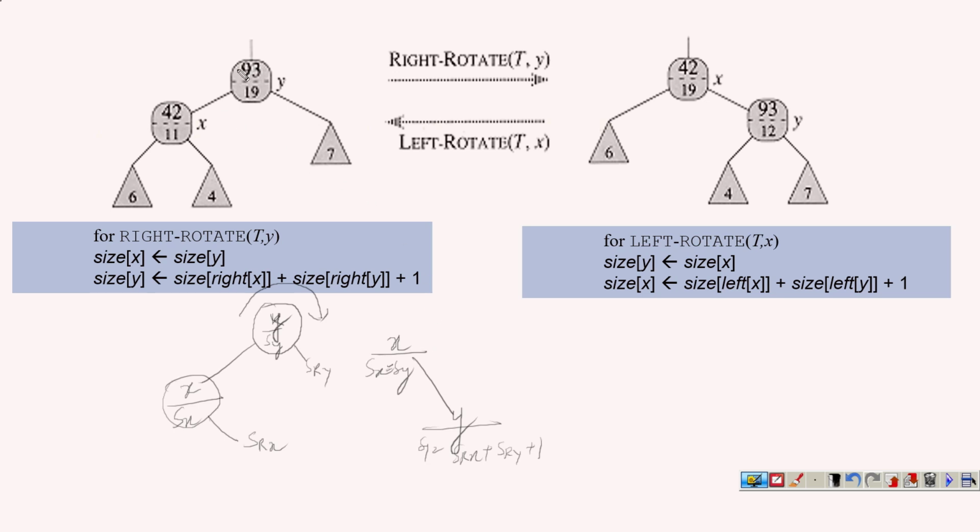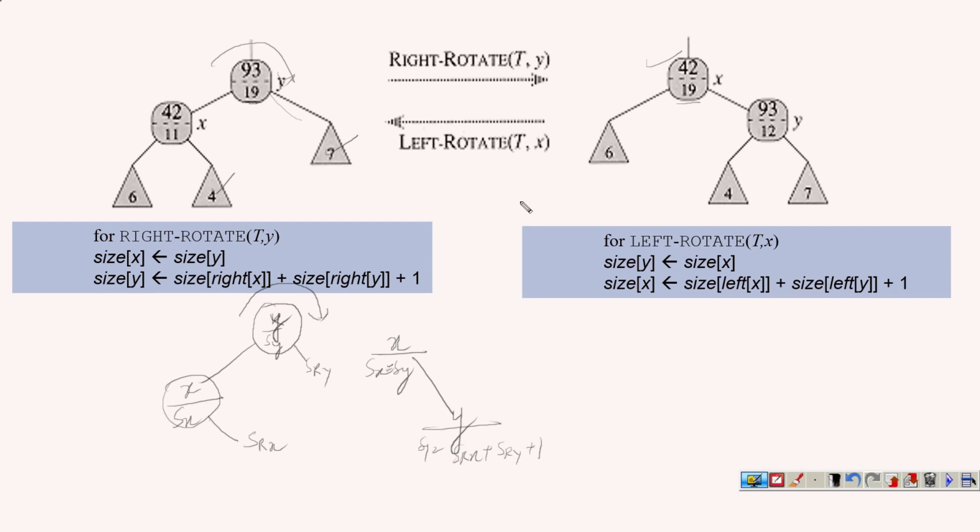You can see here, this is Y and this is X, and when we do the right rotation, 42 comes up and takes the size of the old root. The node that comes down, Y, has size 4 plus 7, which is 11, plus 1, so 12.